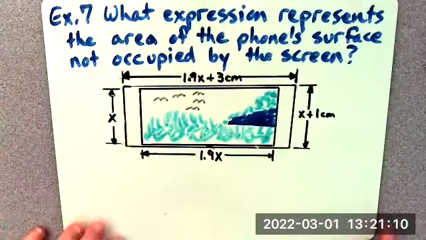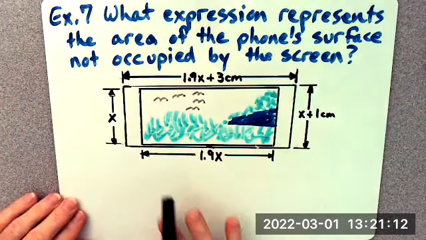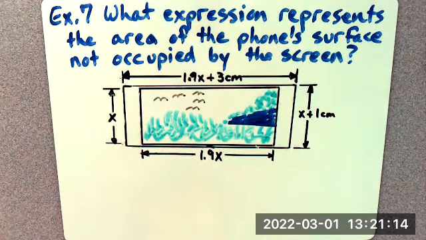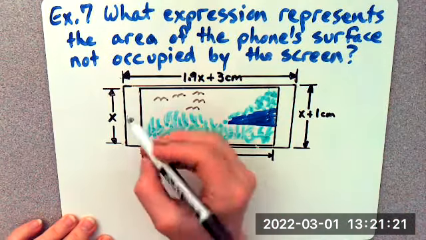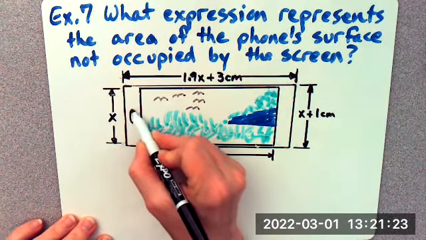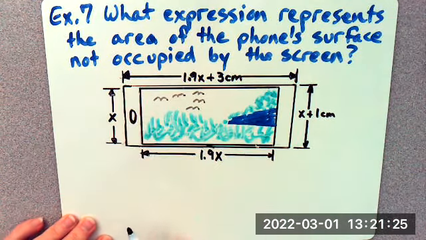All right, our last example. Okay, so what expression represents the area of the phone surface not occupied by the screen? Yes, there is a little button here that you push. So this is a phone. It's a Miss Billerbeck phone.